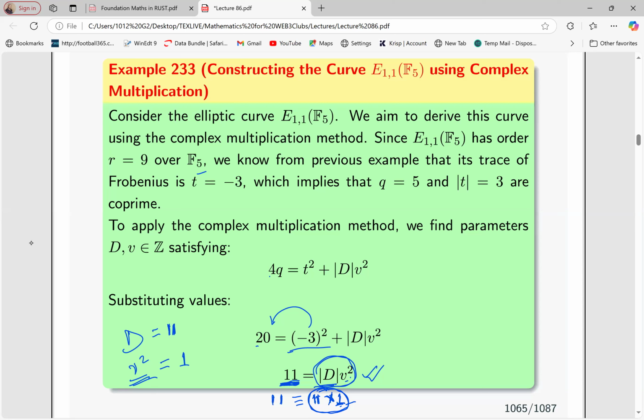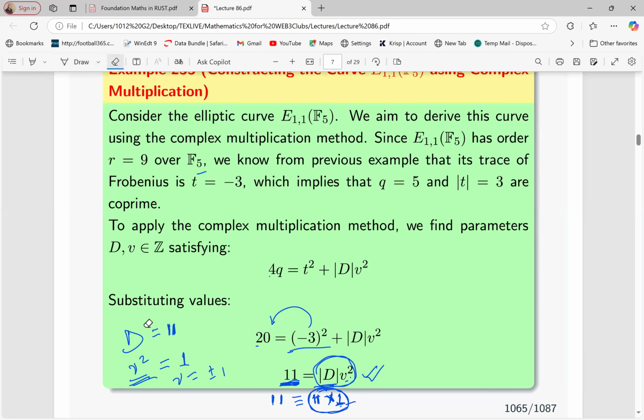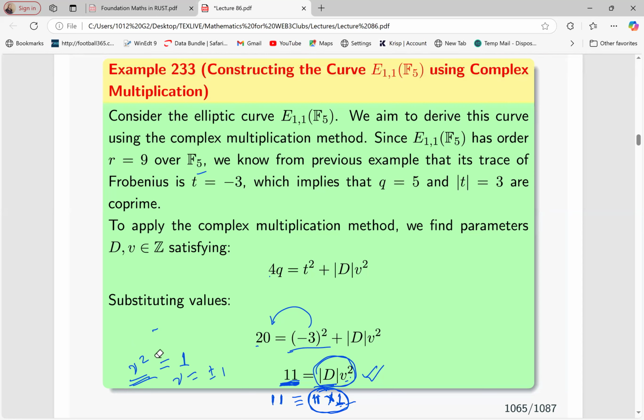If that is the case, then what is our v? Our v will then be plus or minus 1. So when you reach here, it's just checking your equation and seeing what v and d can become.